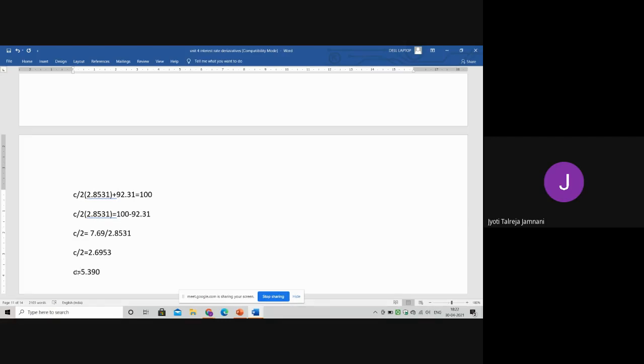Last, for bond D we have to do now, which is for 2 years maturity.